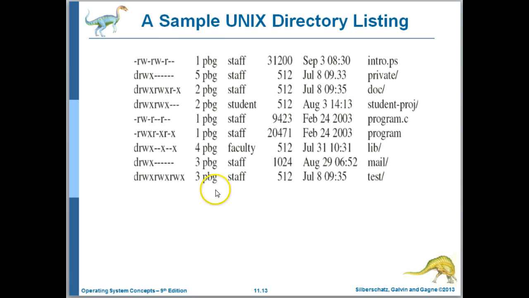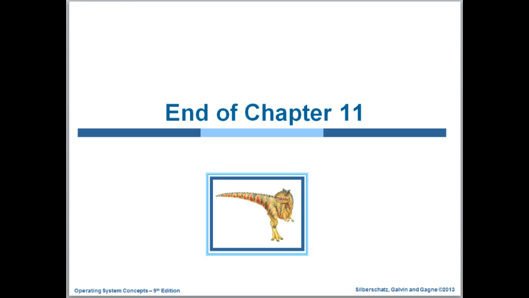This is the username of the owner. This is the group name of the group. Size of the file, last write date, name of the file, and I believe, if I recall correctly, this column is for the number of links to the inode. Right, and that completes chapter 11.